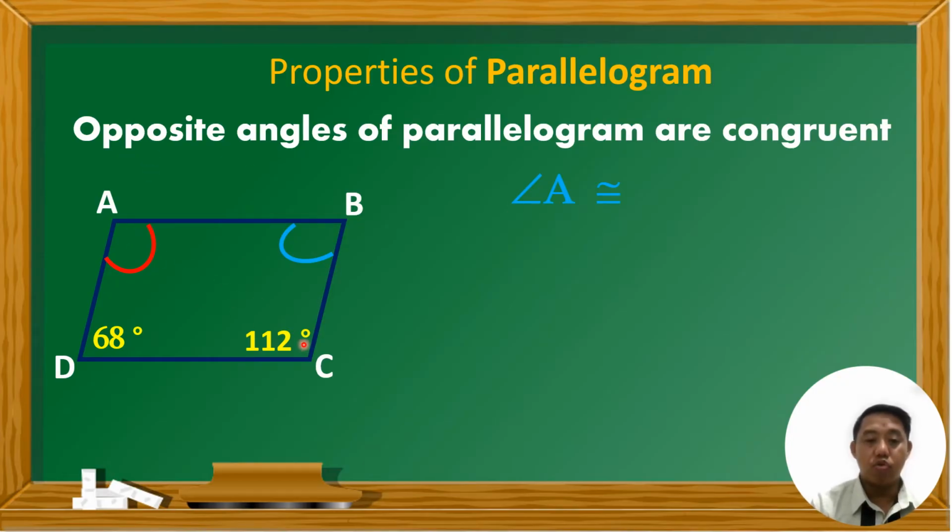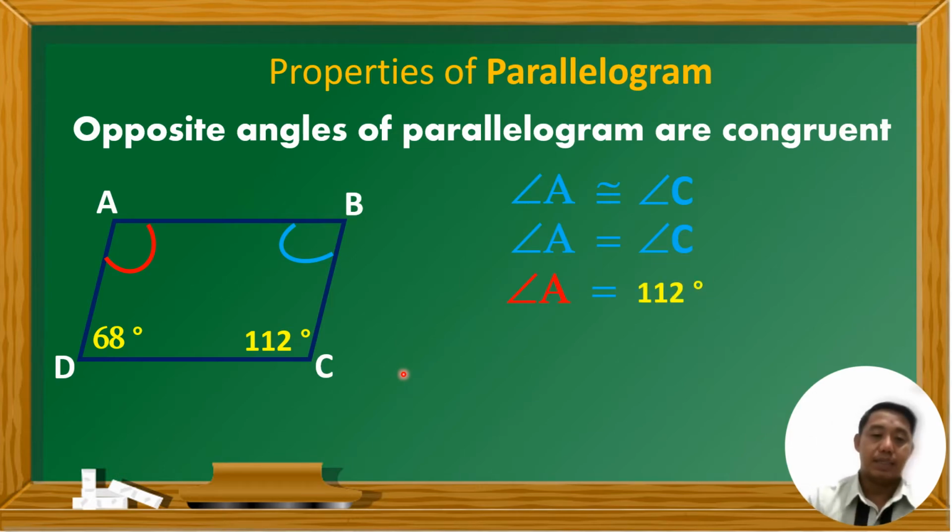Opposite angles, ito yung magkatapat na angle. So, therefore, angle A and angle C, they are opposite and they are congruent. So if angle C is 112 degrees, therefore, angle A is also equal to 112 degrees.